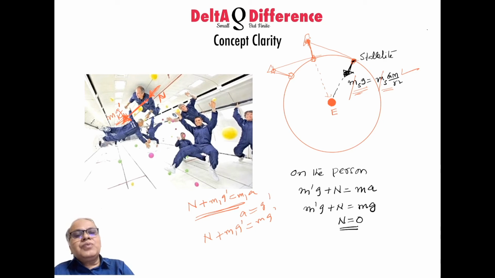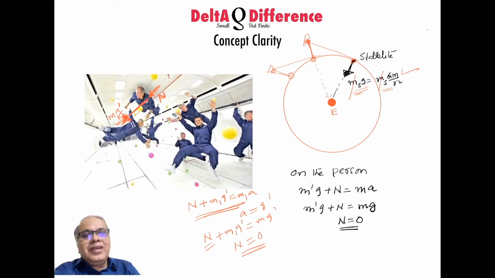There is no other force to make the acceleration different, try to understand. In fact, we are proving that this cannot be there. If the persons are going with the acceleration which is equal to acceleration due to gravity, N has to be 0, we are trying to show here. So this N, the contact force, is becoming 0.